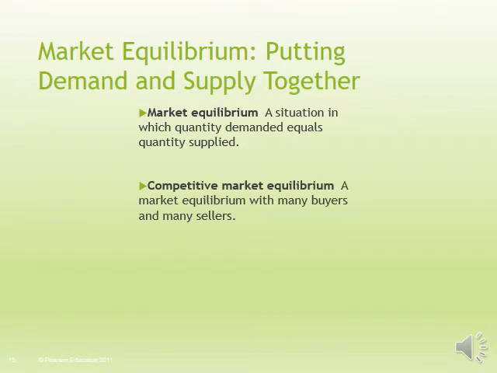Now, if the market is competitive, meaning that there's no barrier for sellers and buyers to enter the market and no government regulation, then the market equilibrium will bounce around according to buyer and seller behavior. And if it's competitive, there will be lots of buyers and lots of sellers.